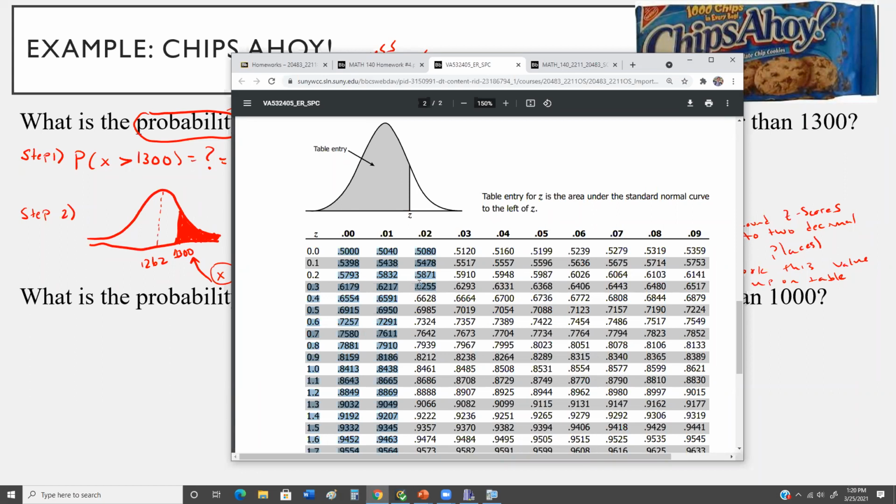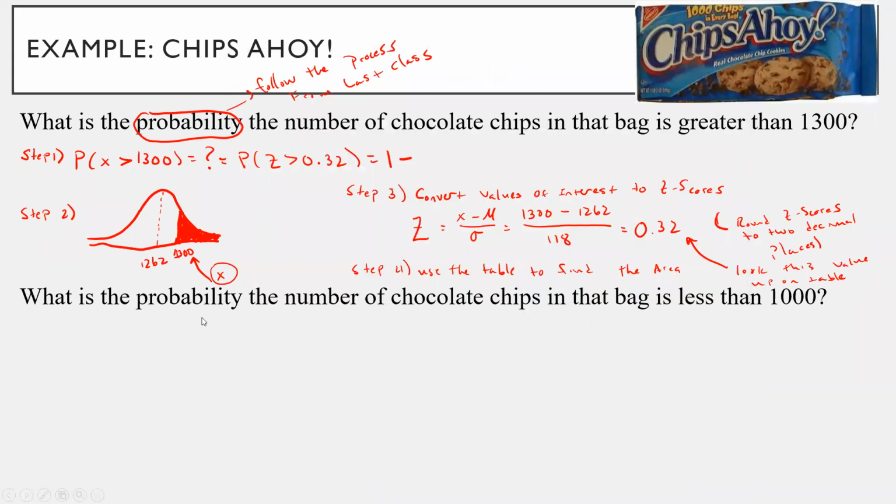Can I get 1? Yeah, I see it. Yep. Okay, thanks. So it's 1 minus 0.6255. If you were to plug that into your calculator, 1 minus this, you'd get 0.03745, I believe.